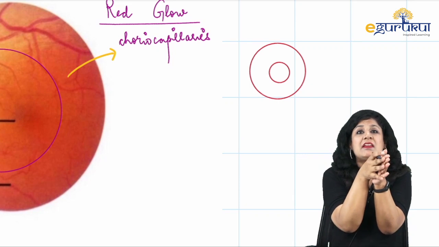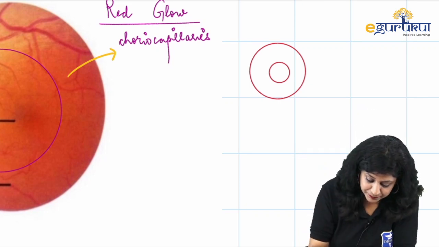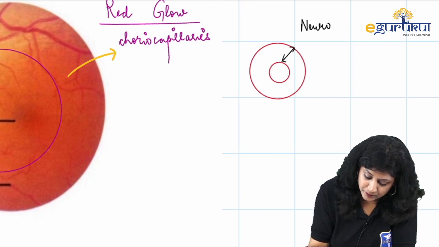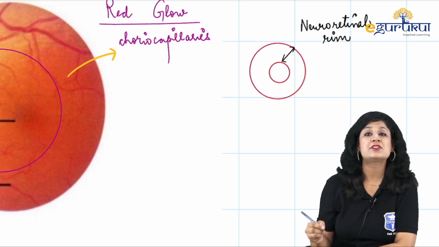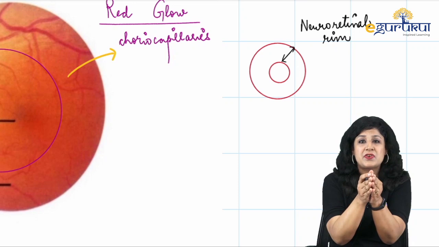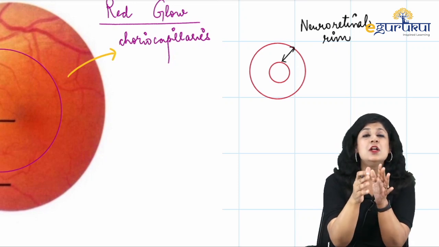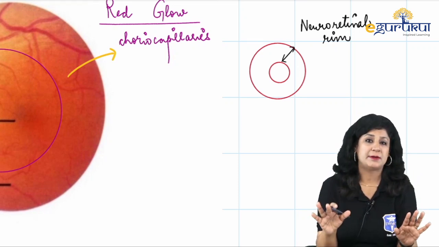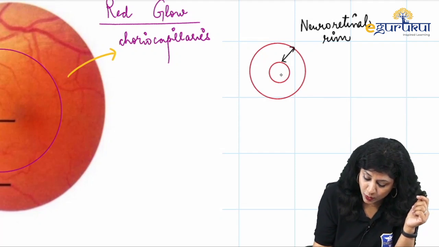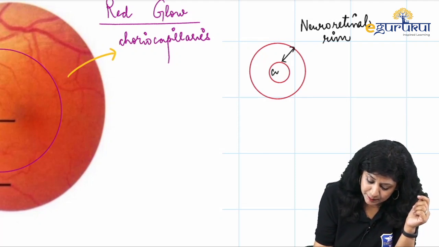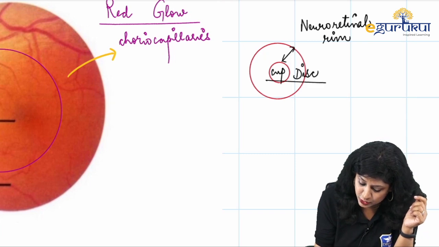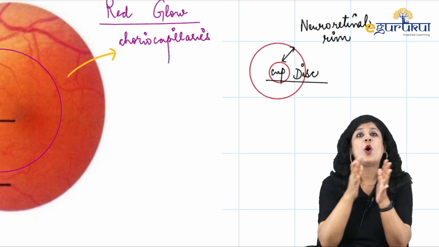That thick rim is actually your neuroretinal rim. This is the thickness of the nerve fiber layer, and the central area will be the hollow area through which no fibers are passing. This is called the cup, while this peripheral area is called the disc. So this is your optic disc.